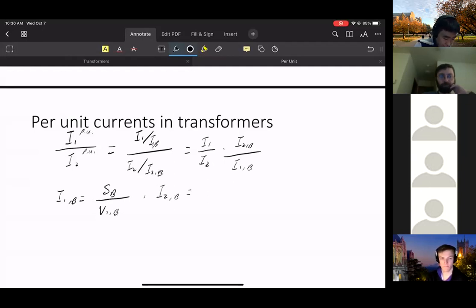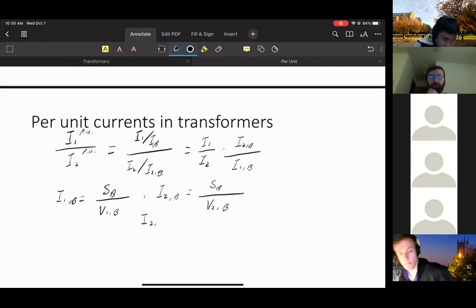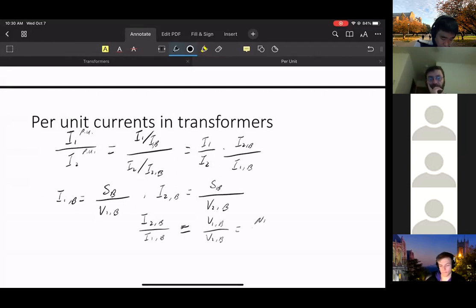For the secondary side, remember it's the same power. The base unit for the power is always the same over voltage. If you divide these two, what we have is I2 base over I1 base. Just making the division, we have V1 base over V2 base as N1 over N2.